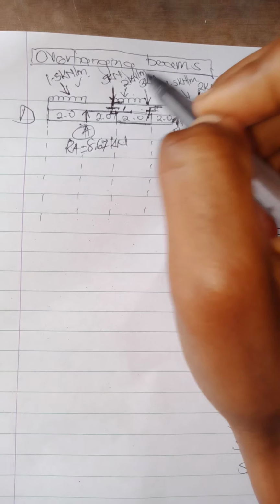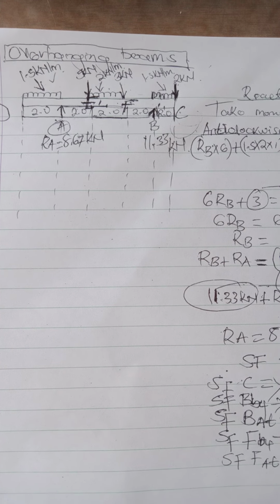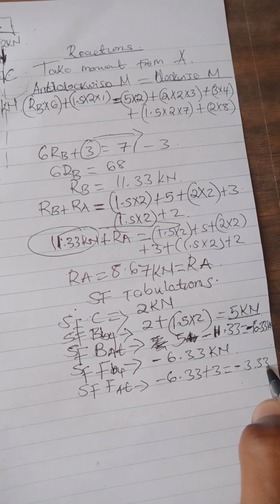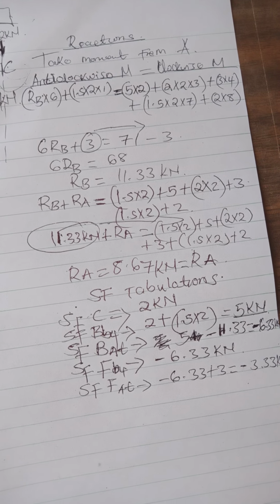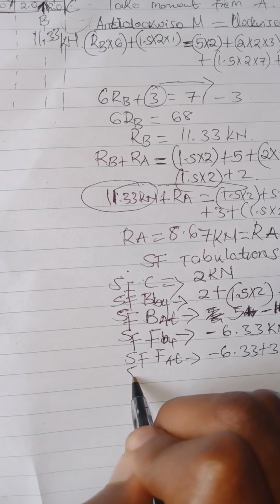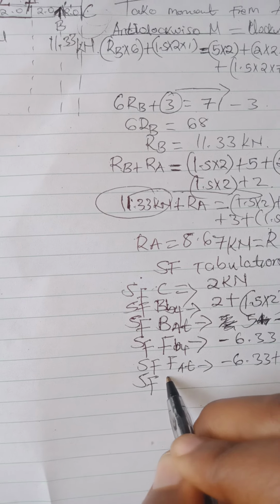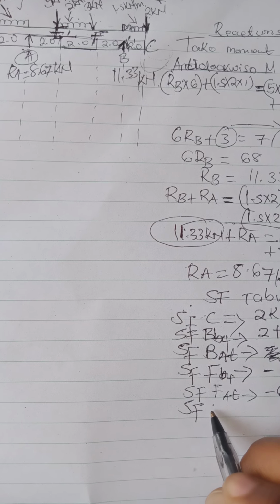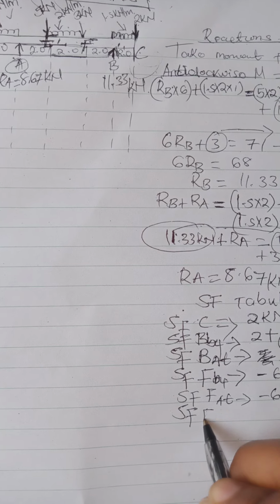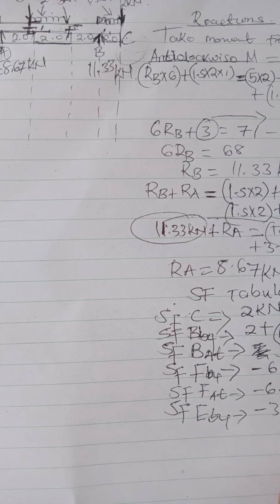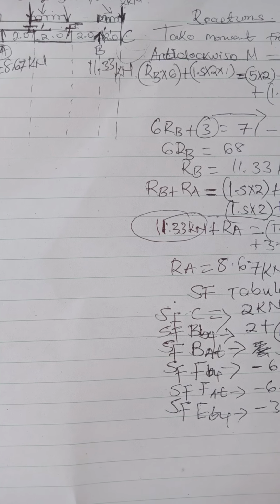You add 3 kilonewtons for the point load, which will give you a negative 3.33 kilonewtons. Then the shear force before point E will be negative 3.33 kilonewtons.